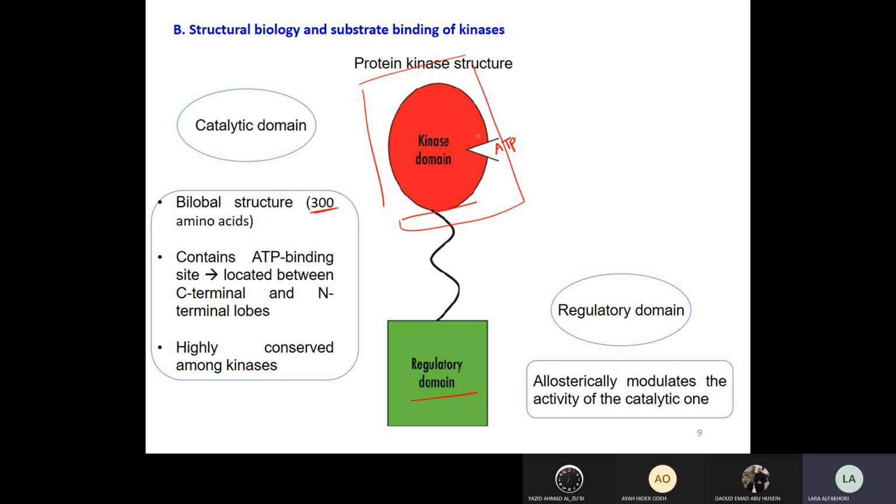It contains an area where ATP binds. It is composed of an N loop, a C loop, and also highly conserved amino acids, which we will talk about, like the lysine, the glutamic acid in the C helix, the glycine-rich loop, the DFG motif and so on. These are what we will focus on.